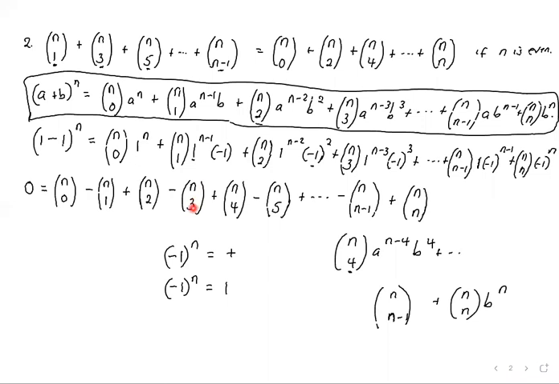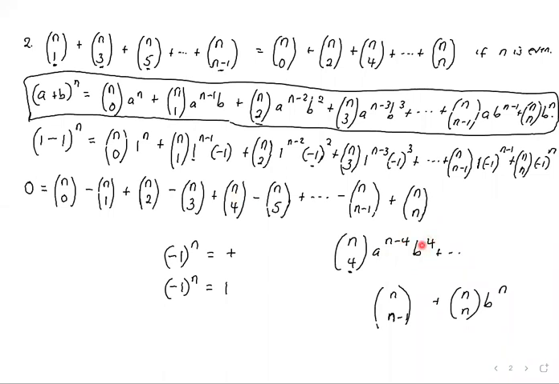So the next number, if it was to be there, it would look like this. N choose 4. 1 power n minus 4. -1 power 4. -1 power 4 is +1. 1 times +1, you get 1. 1 times n choose 4, we get n choose 4. The next one will be 5 here.